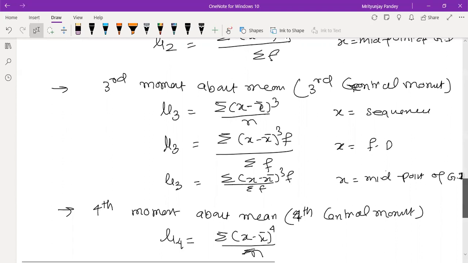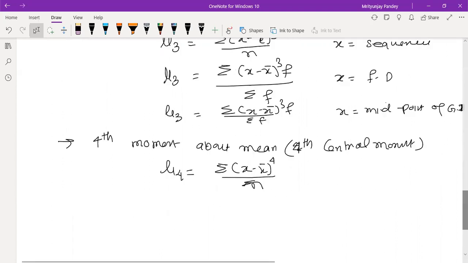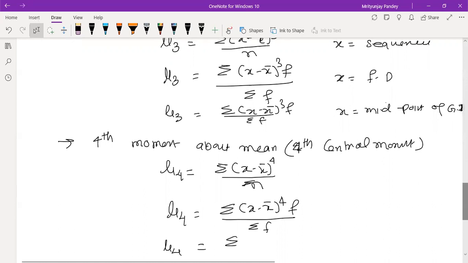And the second formula of mu4 is summation of (x minus x bar) raised to 4 into f divided by summation f. And the third formula of mu4 is (x minus x bar) whole raised to 4 into f divided by summation f.